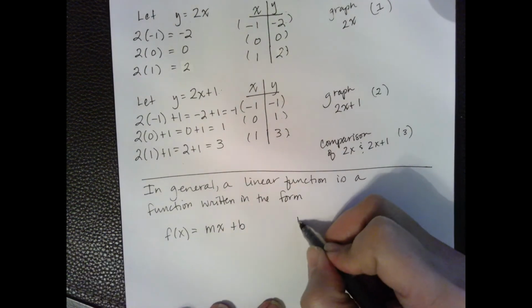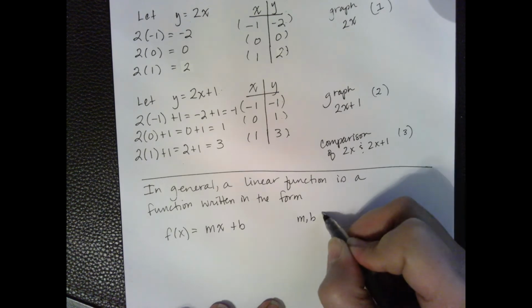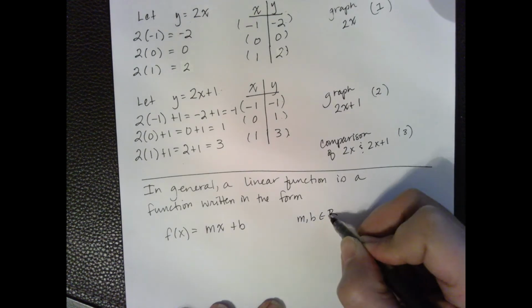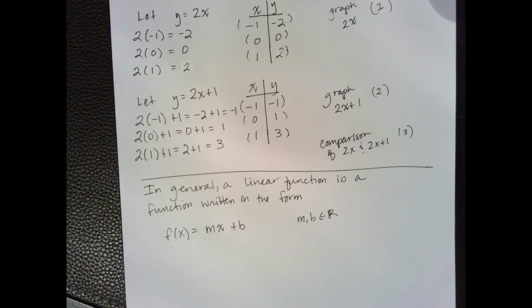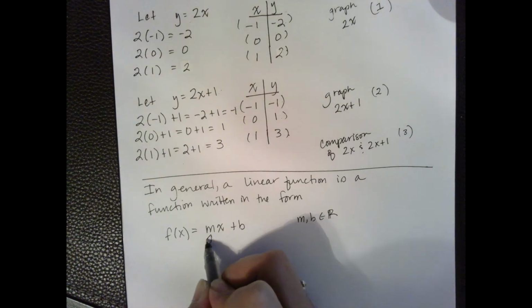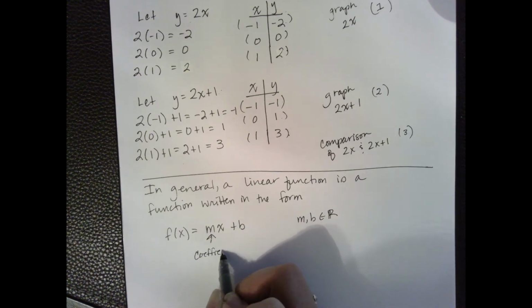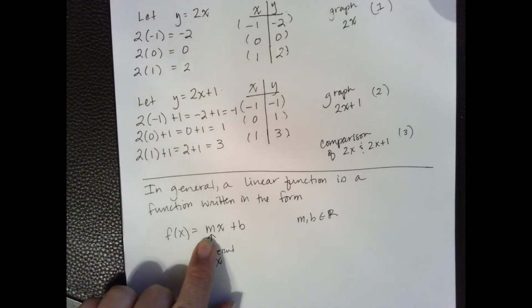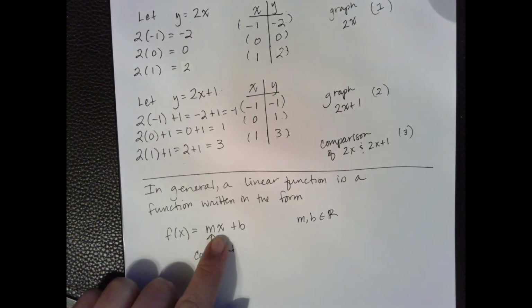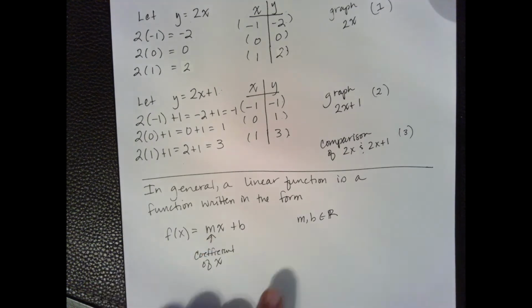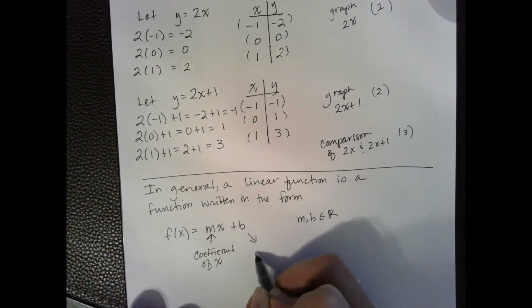Here m and b are real numbers. So m is the coefficient of x. Remember, a coefficient is any number multiplied to a variable. And b here is a constant.